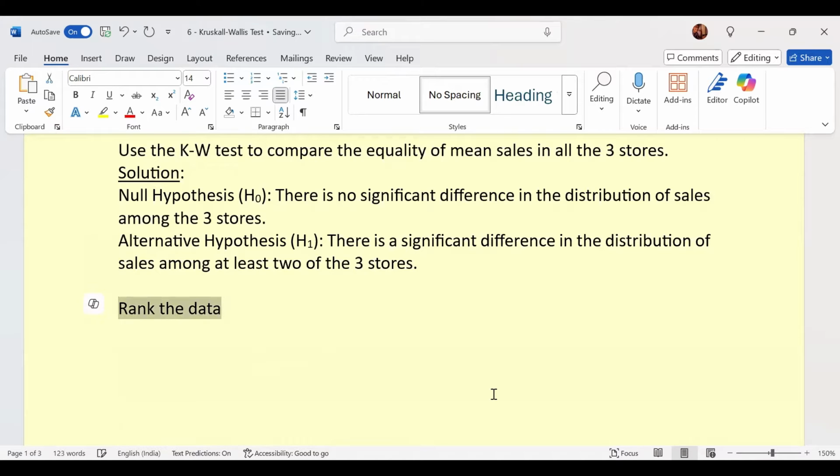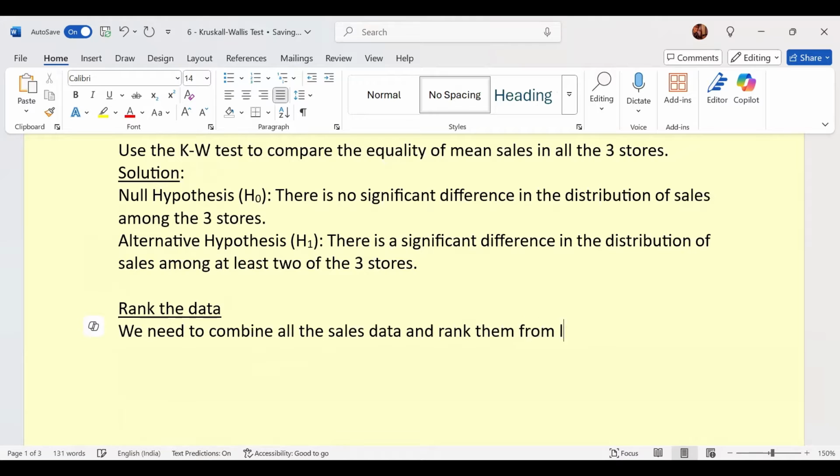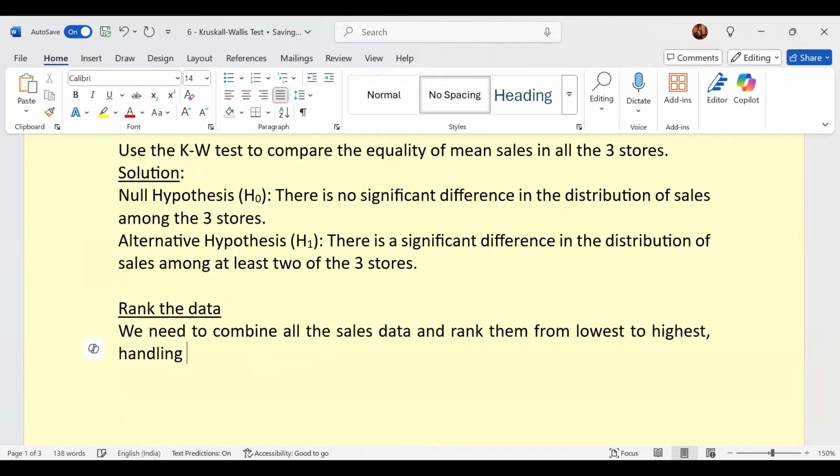That will be the next step, where we need to combine all the sales data and rank them from lowest to highest, handling ties, if there are common ranks, by averaging the ranks. So this we will be doing in a separate Excel sheet. So let us go to the Excel sheet.